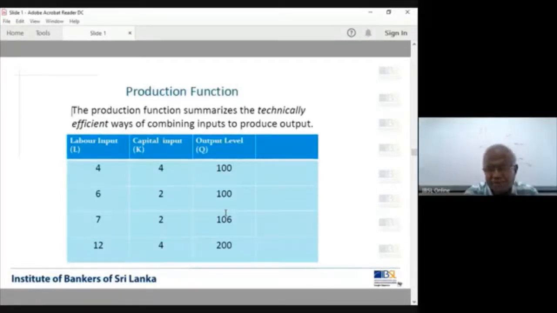If they produce only 100, it is not technically efficient. Like that, the production function specifies the maximum output that a firm can produce using given levels of inputs. Very important to understand: the production function is the maximum output, also called the technically efficient output level.